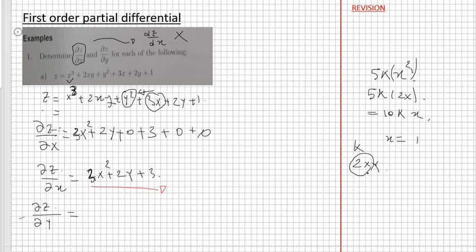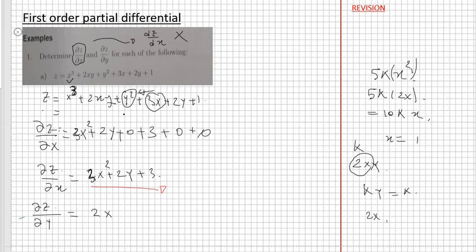It's like they are asking me to derive ky. So what is the derivation of ky? So that gives k. So in other words, if I derive 2xy, I'm gonna end up with 2x because I'm deriving the function z with respect to y. So the second term here will be 2x.